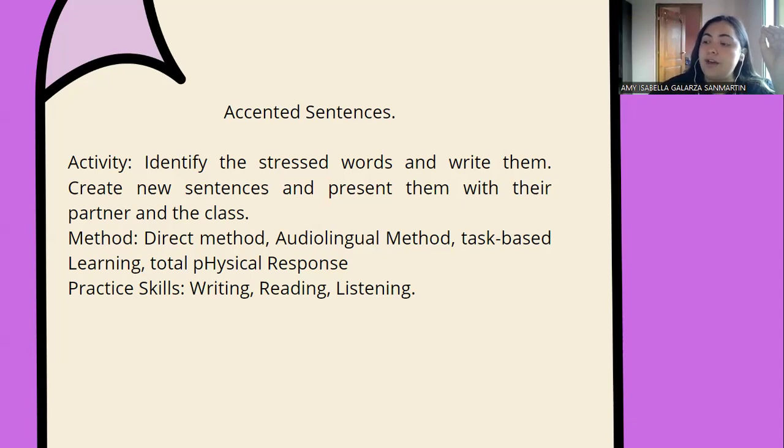We're going to put the cartel in front of the class and speak, read with them, and when they find the word is voiced or is voiceless, they're going to write it in their notebook and paint a mark when it is voiced and a different one where it is voiceless.